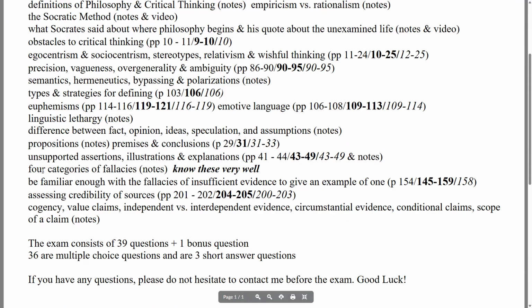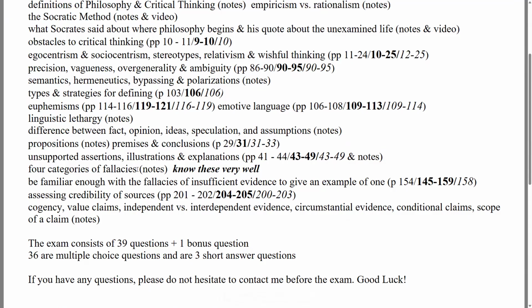The final category of fallacies was formal fallacies. Formal fallacies are about how the argument is just not structured well. It's not put together in a way that brings about a logical conclusion. And we're going to talk a little bit more about logical fallacies when we get to deductive reasoning after the midterm.